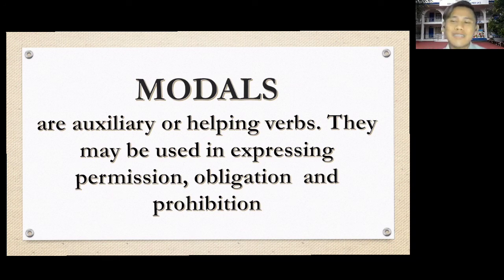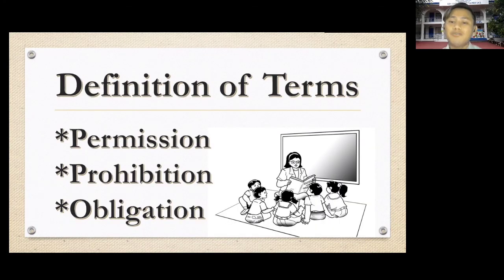Later I will be telling you the different modals that we can use in writing a sentence expressing permission, obligation, and prohibition. But let us first define the following terms before we go along with our lesson. This will help us understand what modals are all about and how we are going to make use of them in different situations of our lives.